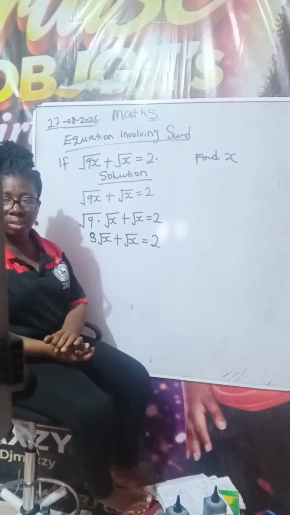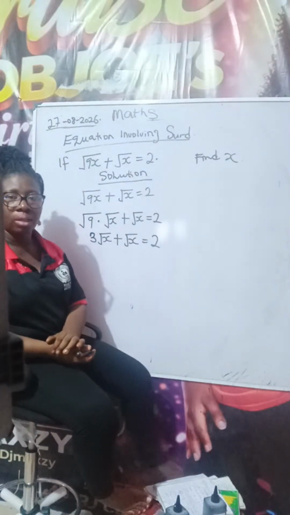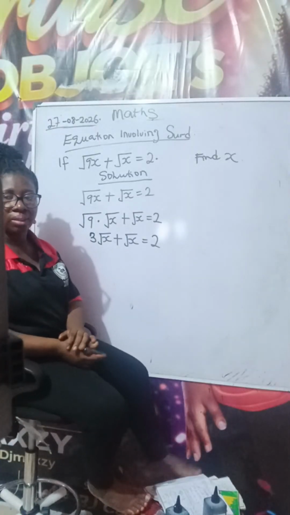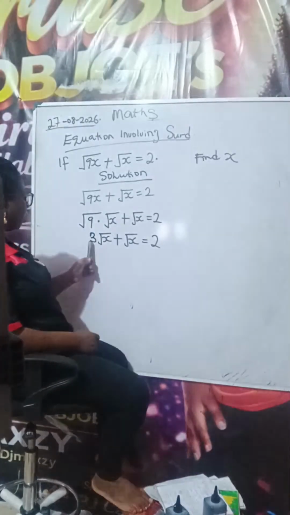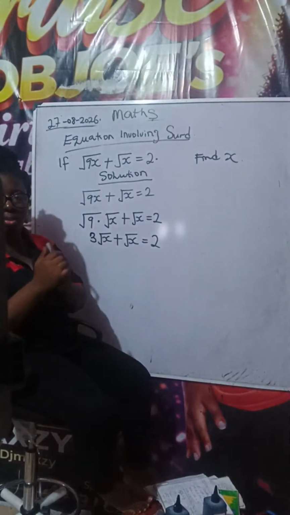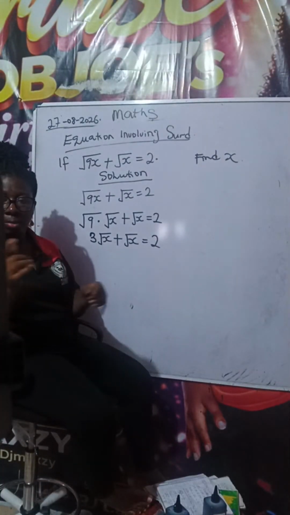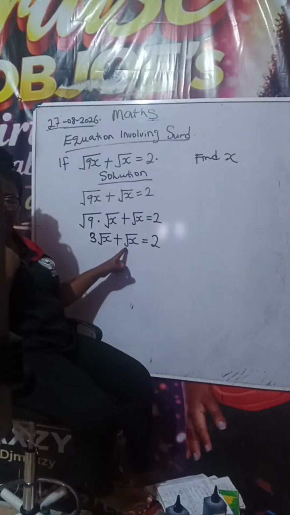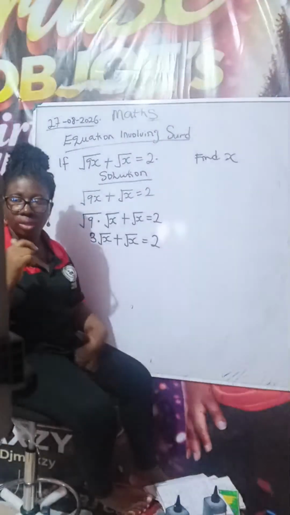If it's not clear, let me know. So now next, look at it. We are going to add these together. This is the coefficient of this x, and the coefficient here is going to be 1.